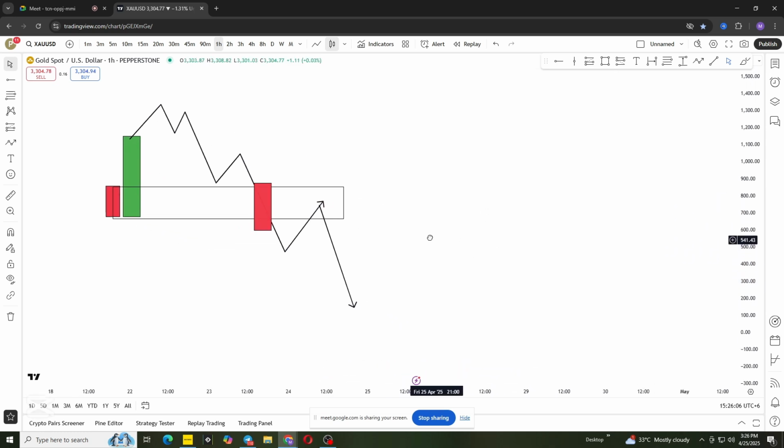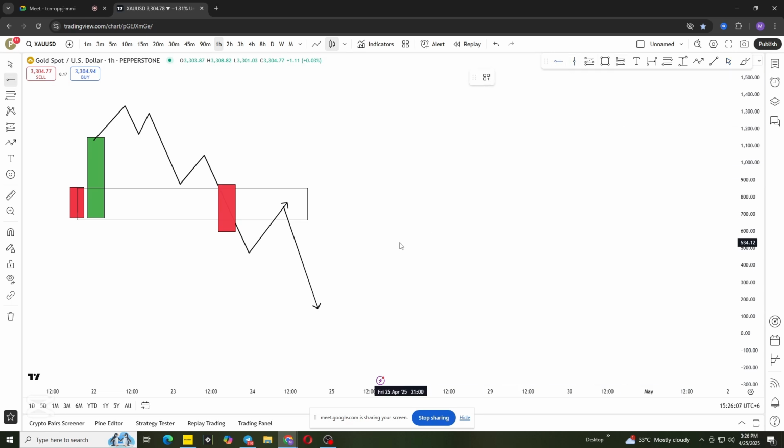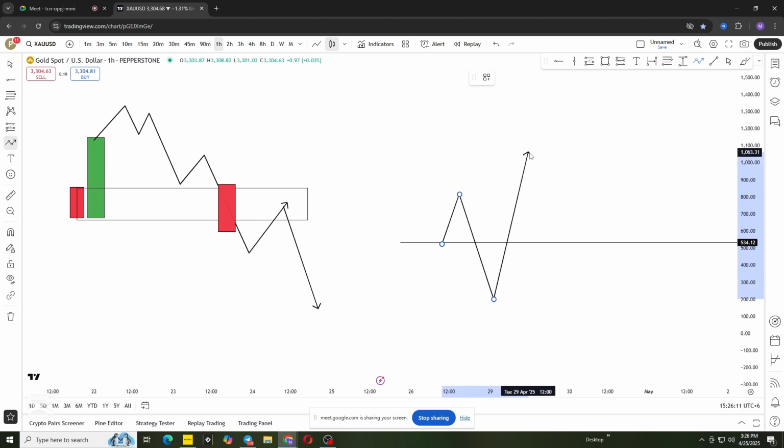Okay, now the same, let's say we have something here which looks like this. So now what QM are we seeing here? Buy QM, isn't it? The same rules. It should go up from here.